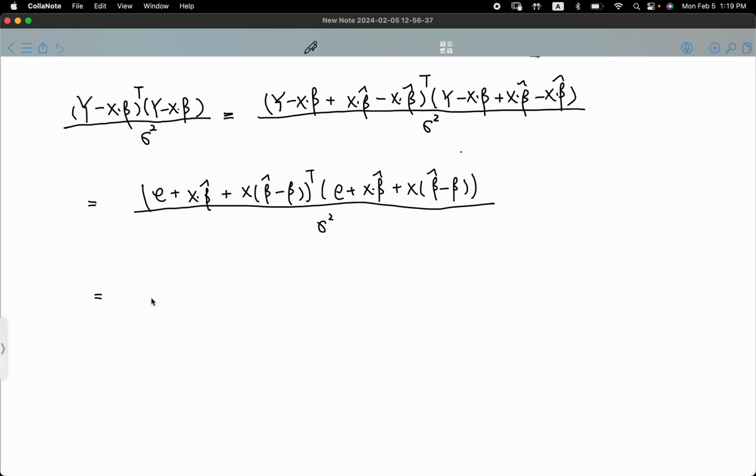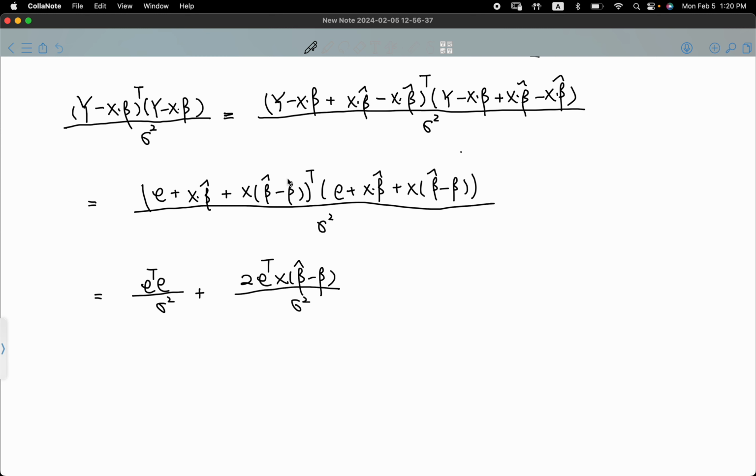Now let's just factorize the terms. E transpose E over sigma square plus 2 copies of E transpose x beta hat minus beta over sigma square.